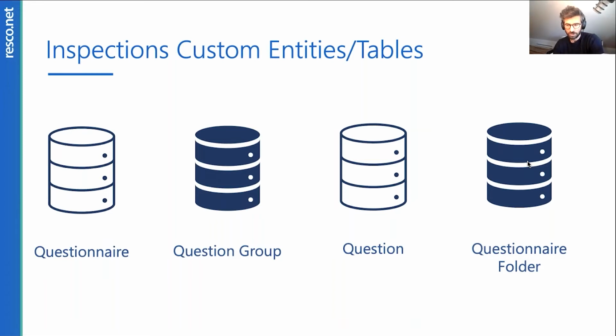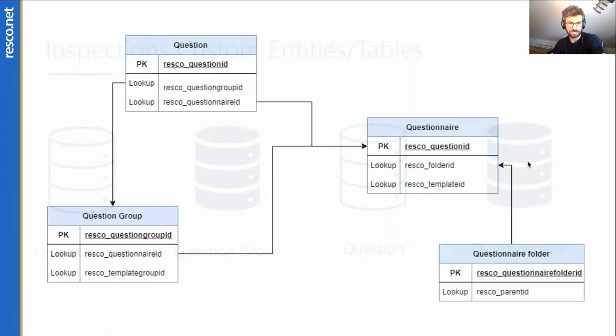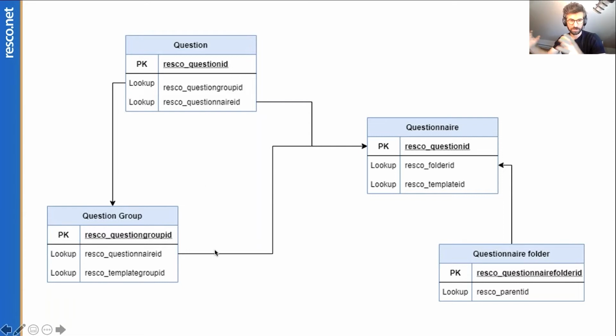If you're wondering what the relationship is between these, it's very lightly described here. So we start with the questionnaire here, kind of in the center of the screen. The questionnaire is related to 2 entities: question, where all the questions are defined, and question groups, where you can group some of the questions together.